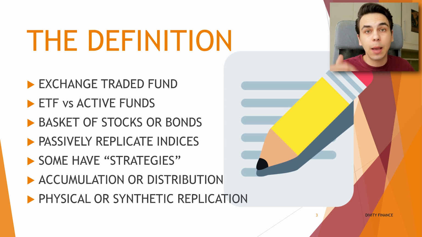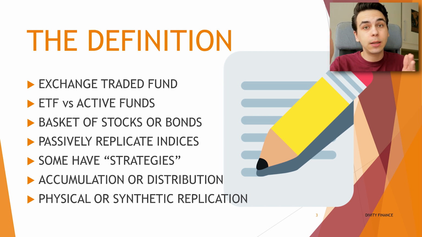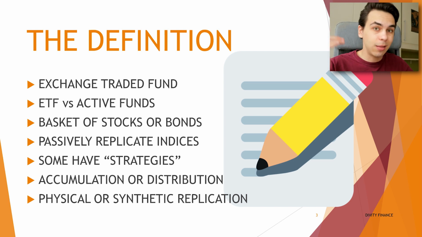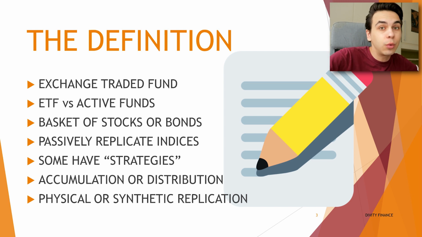And this is statistically, I'm not inventing it. If you look at the statistics, more than 90% of actively managed funds in 10 years do not beat the index of reference. They do not beat the benchmark. They underperform the benchmark. They make worse returns than the benchmark, which means you pay for someone that is going to give you a return which is less than what you paid him to beat.